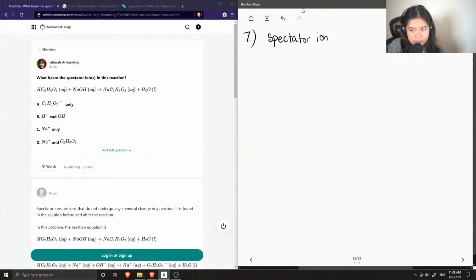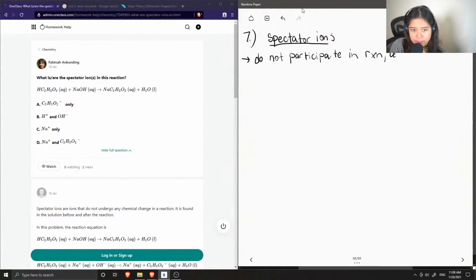Spectator ions. So spectator ions do not participate in the reaction.